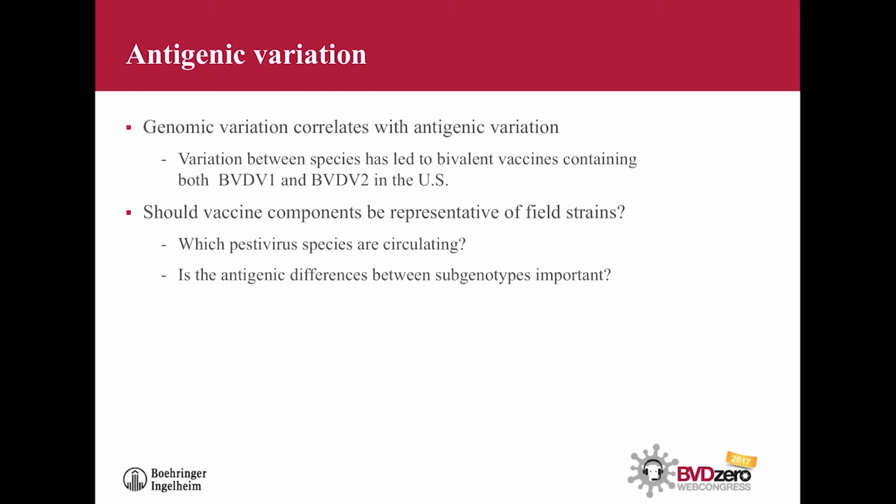The question we raise now is, should vaccine components be representative of field strains? Which pestivirus species and subspecies are circulating in a region? And is the antigenic difference between what's in the vaccine and the subgenotypes circulating in the region important?